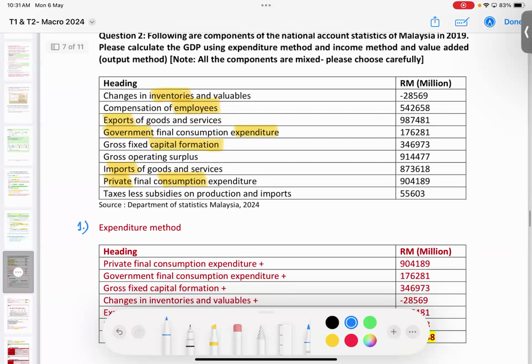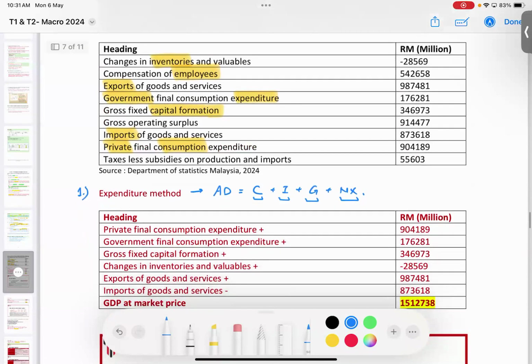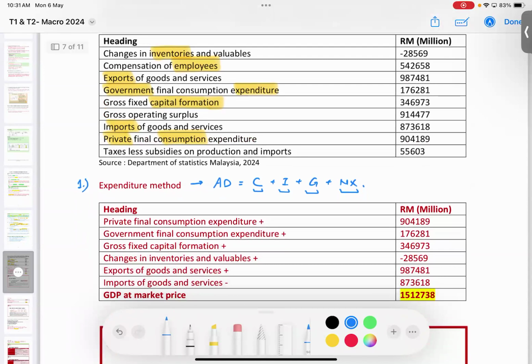For the expenditure method, I use aggregate demand equals C plus I plus G plus NX. I look into all these components from the table above to compute. Here we have consumption.